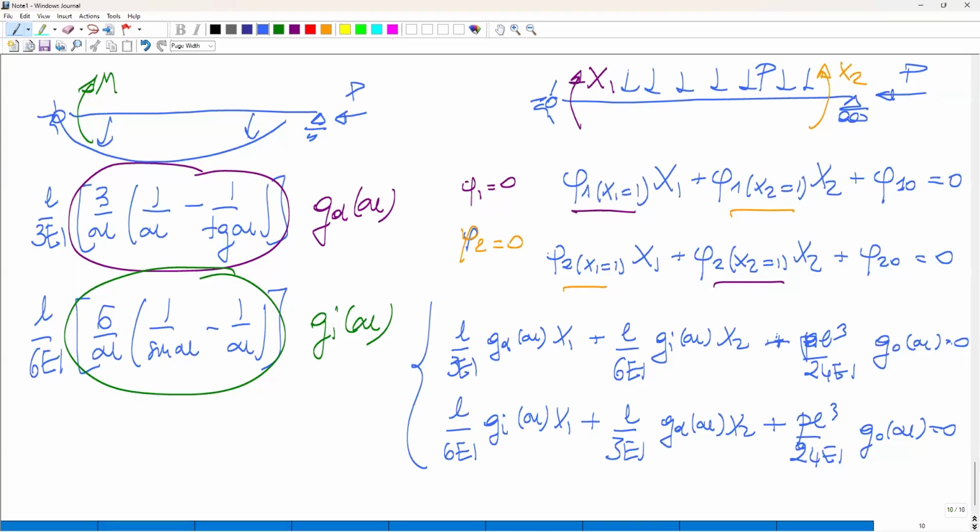the second order effects of the axial force. The other way, which we are also interested in, we could say, okay, but what is the value of the load P, which corresponds to the critical load?